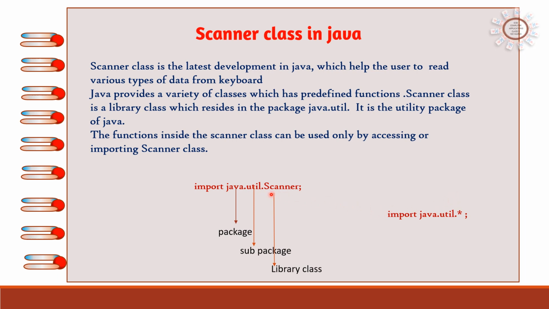And if you want to use the particular Scanner class, we will say java.util.Scanner. Star means all classes, and if you want a particular class, the name will be given at the end. So like this, we can import the Scanner class to our program, and we can use the Scanner class for accepting various types of data.